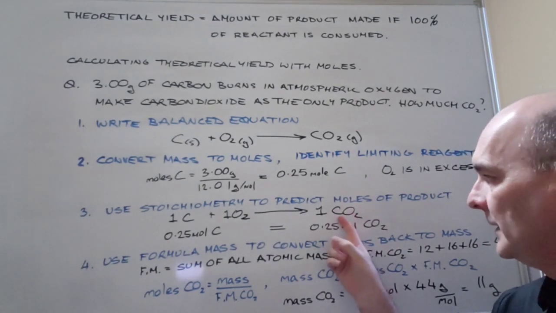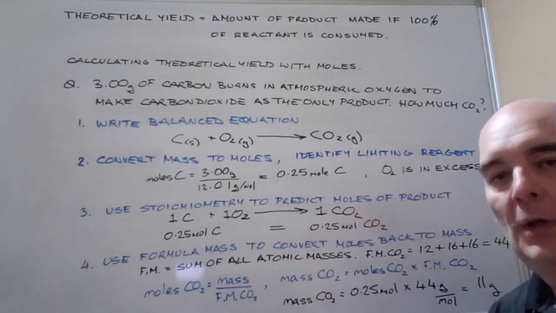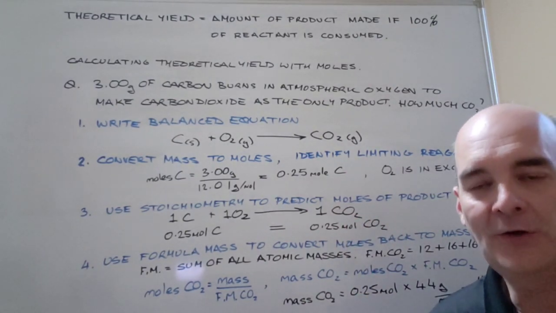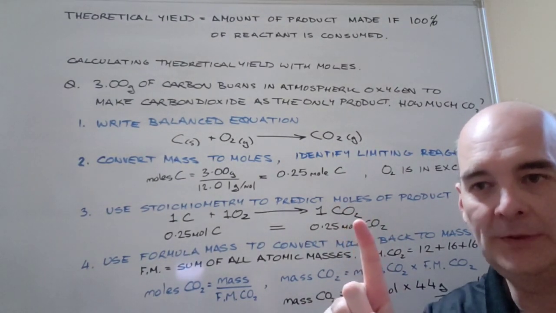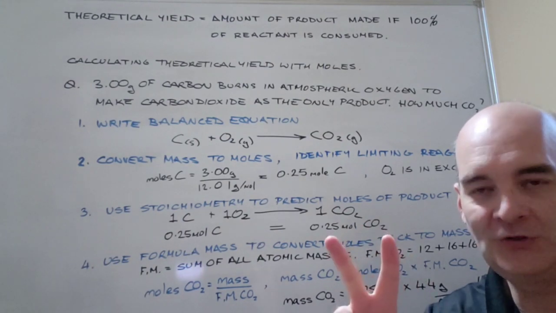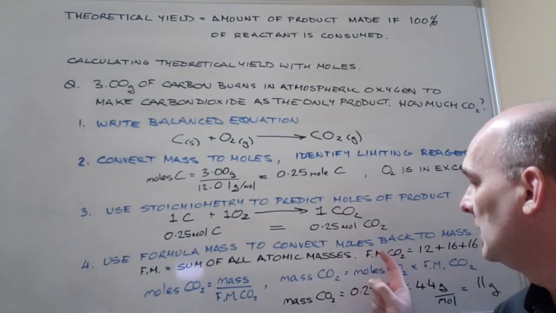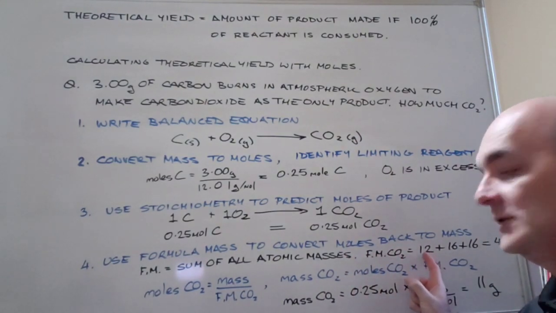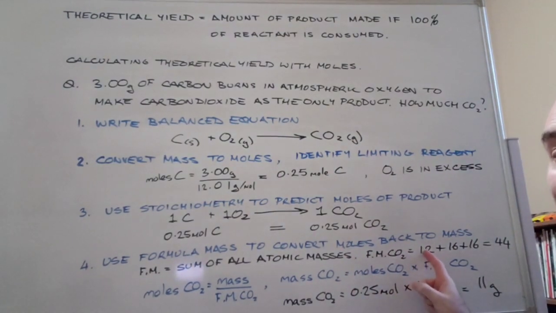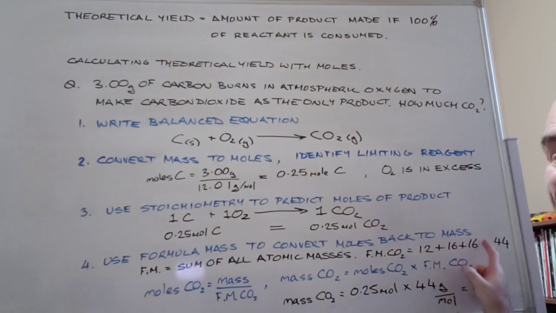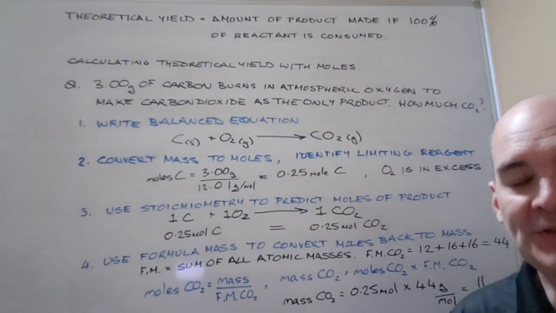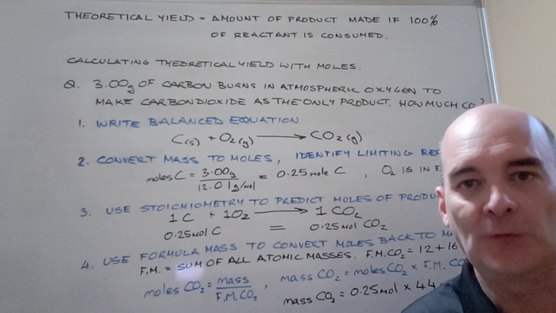So my chemical formula says CO2, which tells me that carbon dioxide contains 1 carbon and 2 oxygen atoms. So I look on the periodic table and I find that carbon has an atomic mass of 12 and oxygen has an atomic mass of 16, and 12 plus 16 plus 16 equals 44.